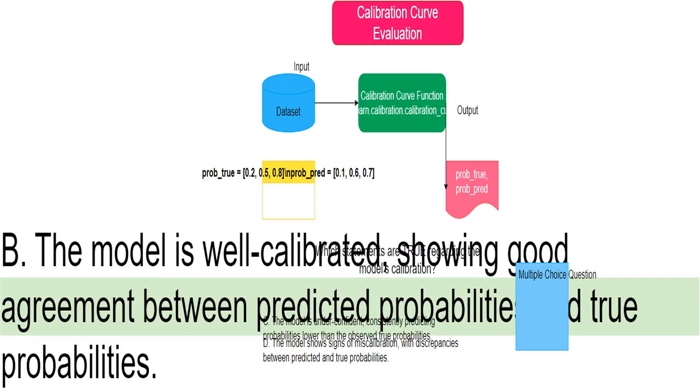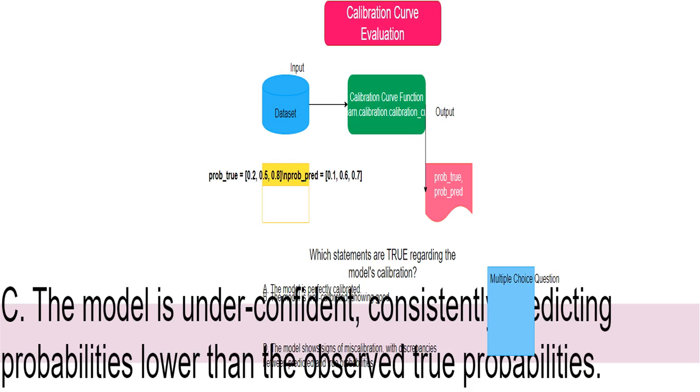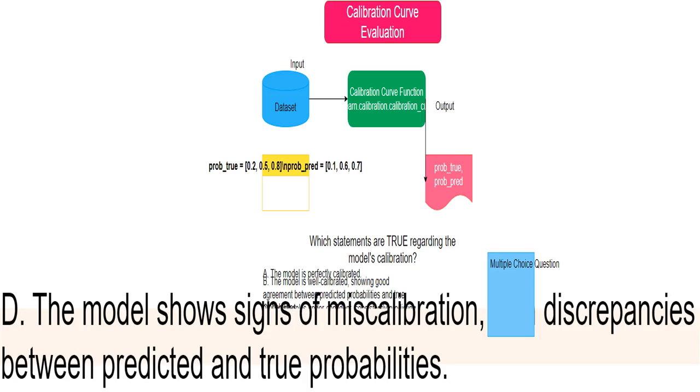Also incorrect. While the differences aren't huge, they're not insignificant either. A well-calibrated model implies a much closer match between predicted and true probabilities. Nope, this is wrong because, although the model is underconfident in the first group, it's overconfident in the other two groups. This is the correct option.